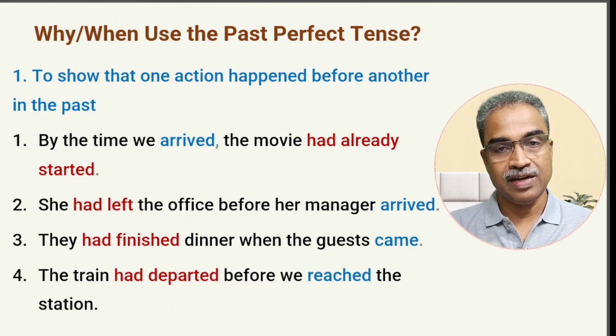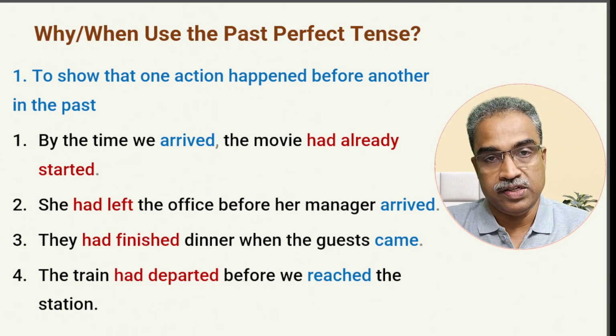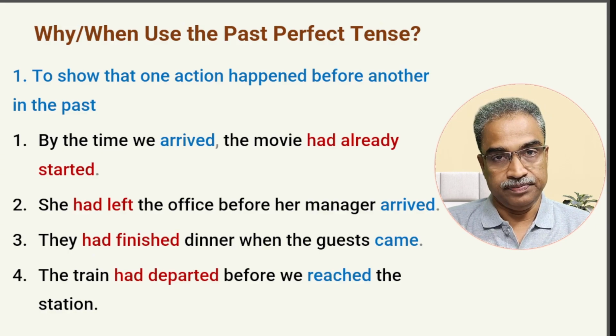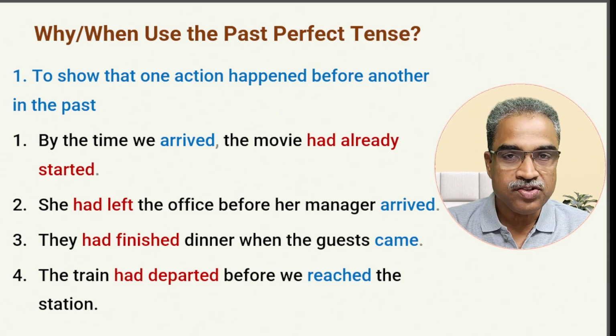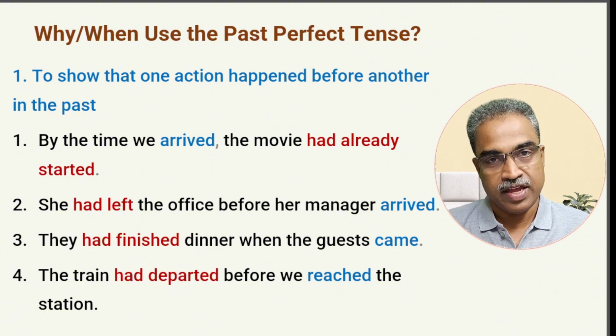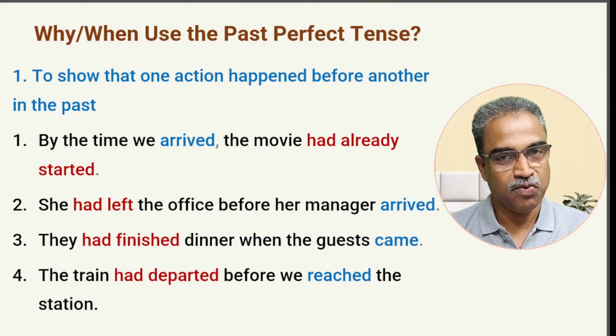So now let us analyze this sentence so that you will understand clearly. Two incidents took place here, right? One is our arrival. The other one, the starting of the movie. Tell me which action took place first, whether we came first or the movie started first. It is always the movie started first. So by the time we arrived, the time we reached, the movie had already started.